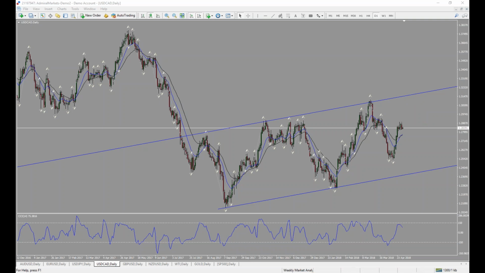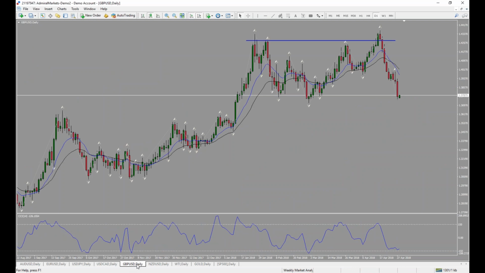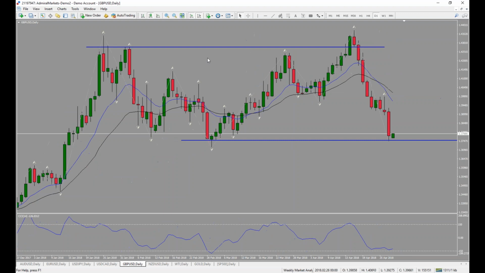All right, let's have a look at the cable, GBP USD. Okay, as you can see here clearly, basically the GBP has just lost a lot of territory in the last week and a half, 2 weeks, and now looking at this, if I just draw a line across here, I kind of like this.